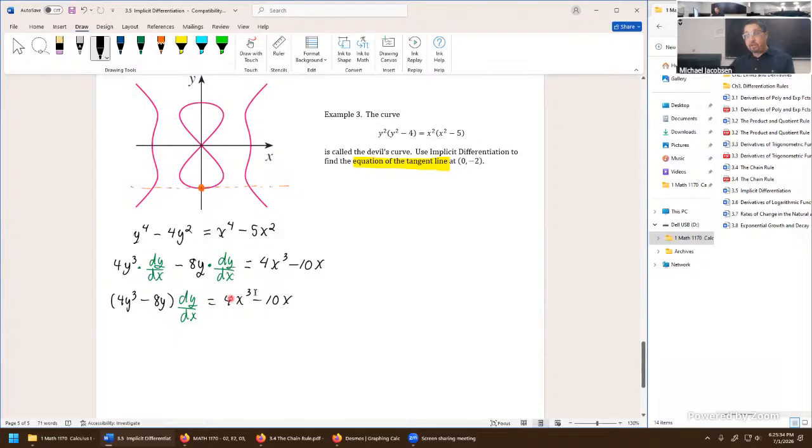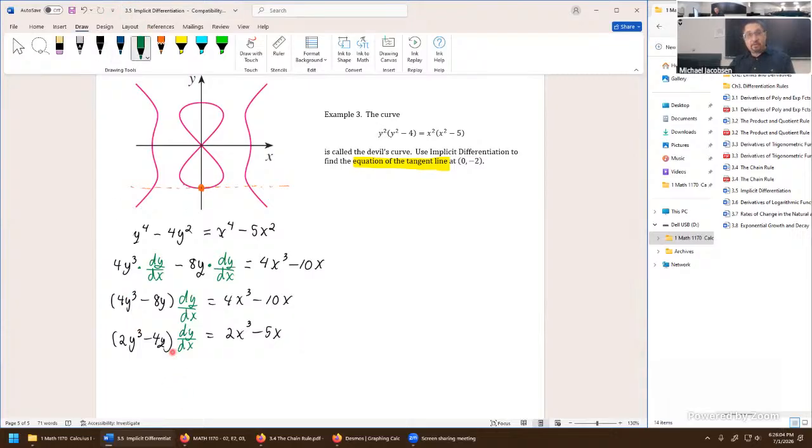Everything can be divided by 2, every single term. I should have noticed that in the prior line. If we divide everything by 2 again at this line, we would get 2y cubed minus 4y times dy/dx equals 2x cubed minus 5x. Not completely required, but once again, if you can cut the size of the numbers down, sometimes that's a good idea.